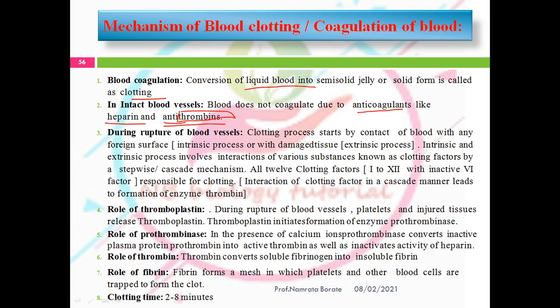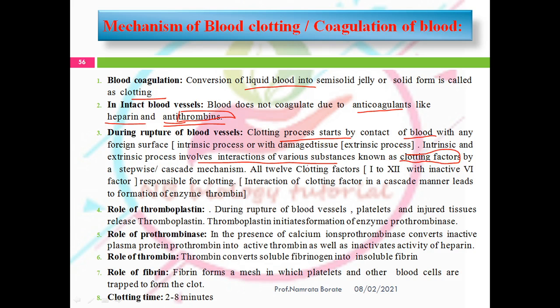But whenever the blood vessel is ruptured, what happens? The clotting process starts by contact of the blood with foreign substances, the intrinsic process, or with the damaged tissue, the extrinsic process. The intrinsic and extrinsic processes involve the interaction of various substances known as clotting factors.